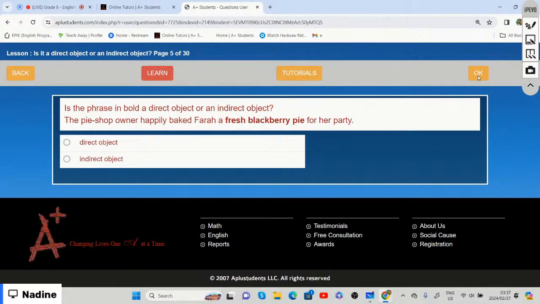All right, so now we say the pie shop owner happily baked Farah a fresh blackberry pie for her birthday. So we need to say, is that a direct object or an indirect object?